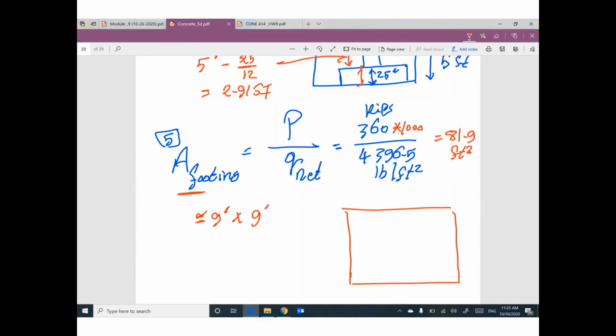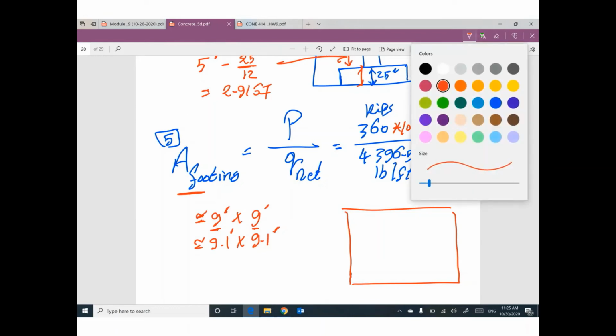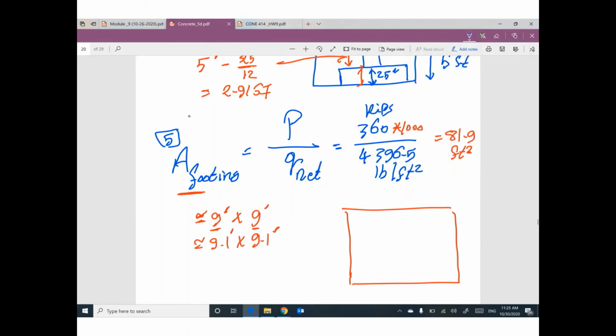Probably you can assume 9.1 times 9.1 feet will be better, or 9.2. It's up to you because you are very, very close. If you assume 9 times 9, your area will be 81, but we need 81.9. It's very close, can be accepted, but better to assume 9.1 times 9.1.